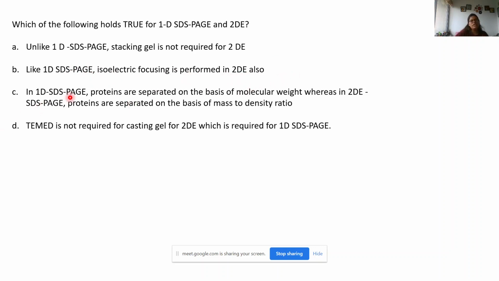Third is in 1D SDS-PAGE, proteins are separated on the basis of molecular weight, whereas in 2D, proteins are separated on the basis of mass to density ratio. TEMED is not required for casting gel of 2D, which is required for 1D SDS-PAGE. So, which is the correct statement amongst the four statements?